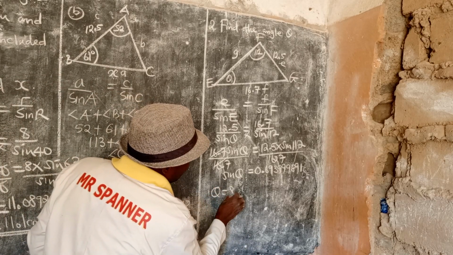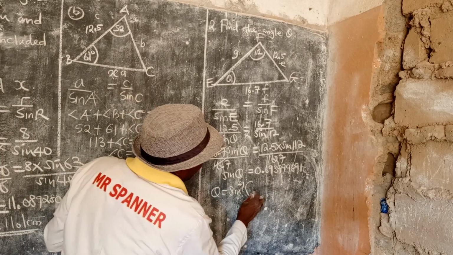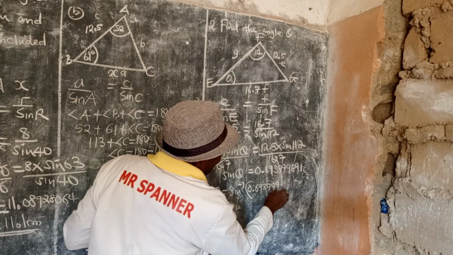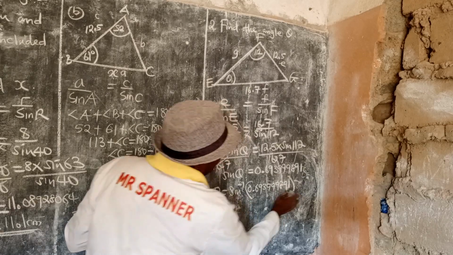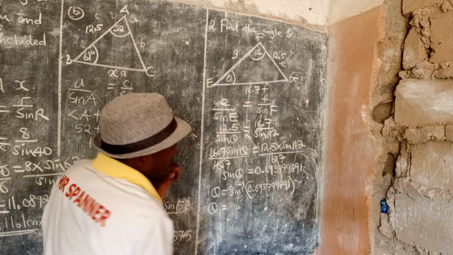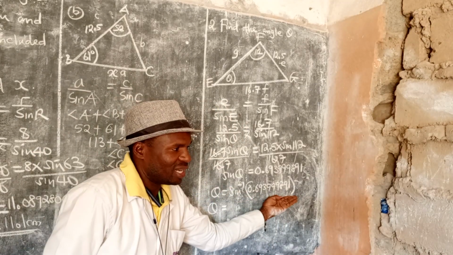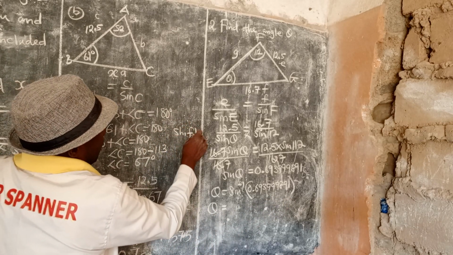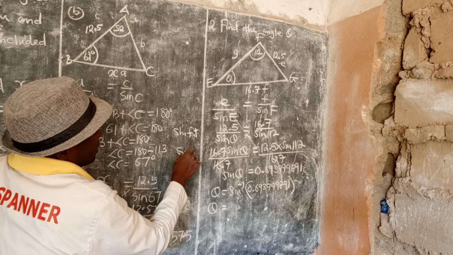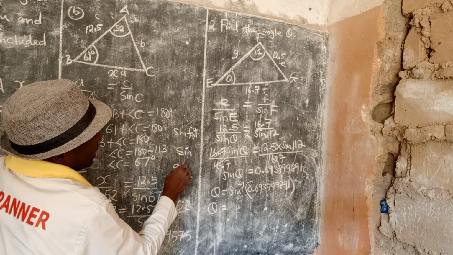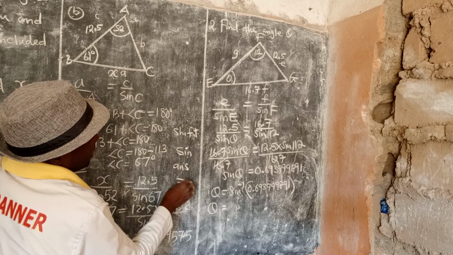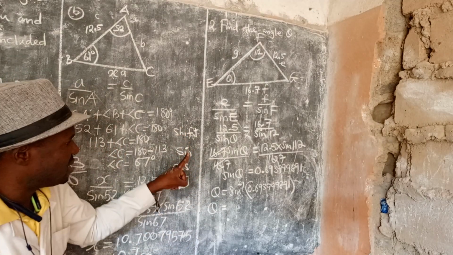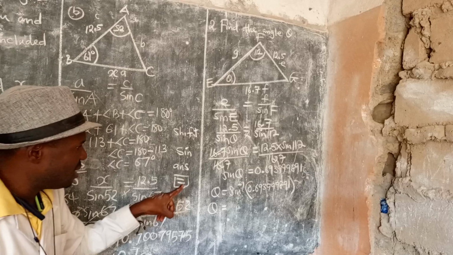So theta is equal to sine inverse of the answer. The number is already there, so just press shift, sine, Ans, equals.